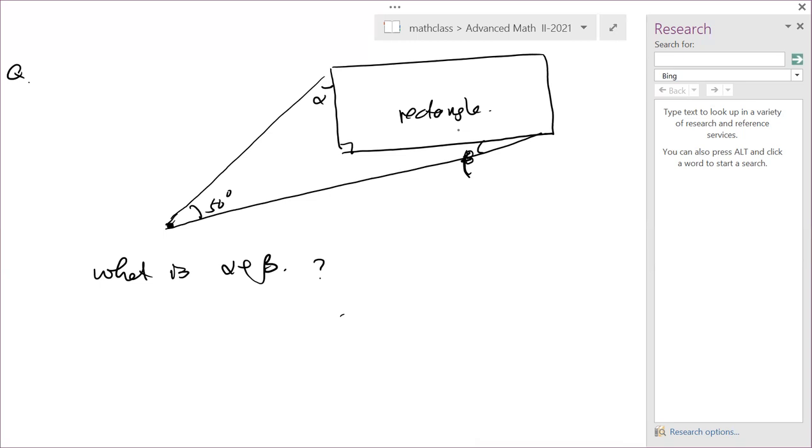The alpha and beta are not uniquely determined individually, but maybe the sum can be uniquely determined.